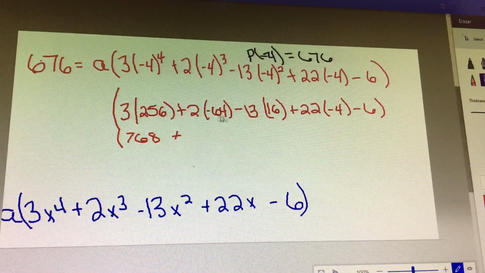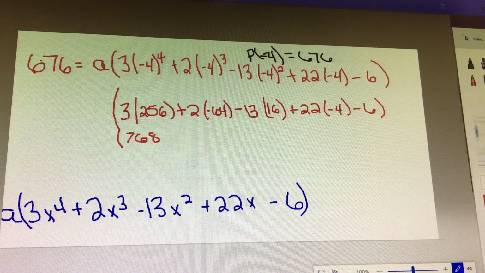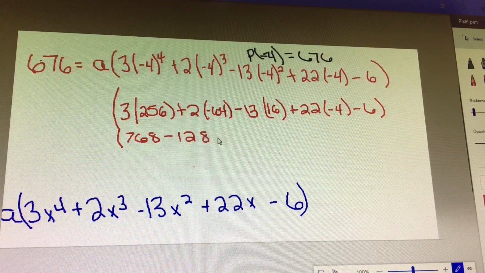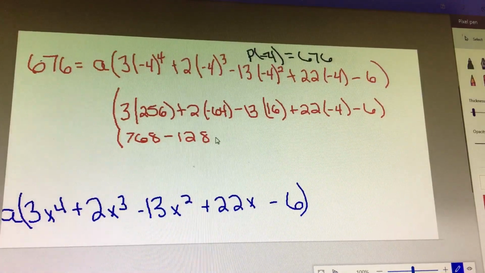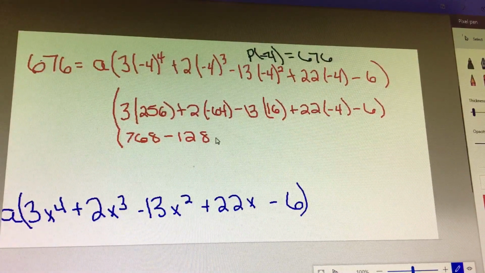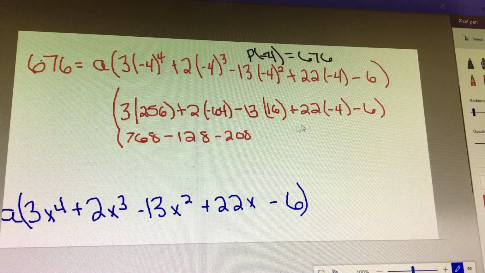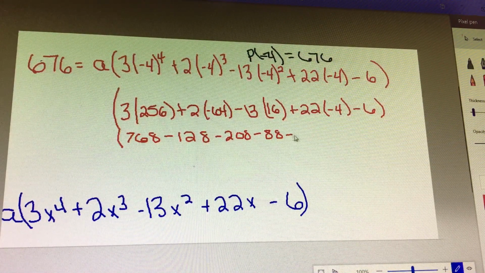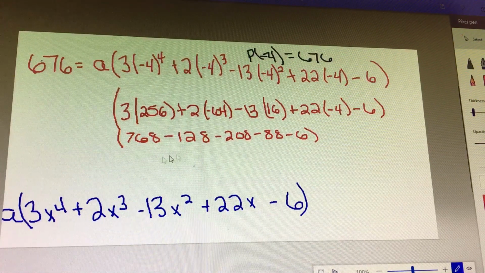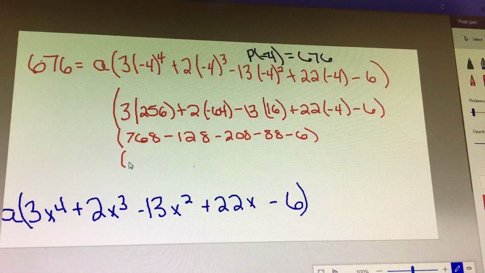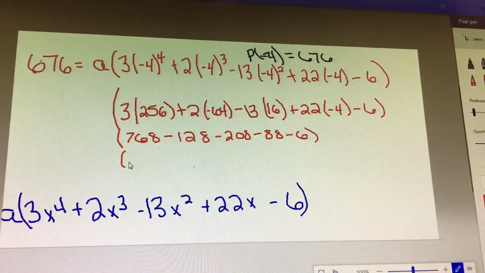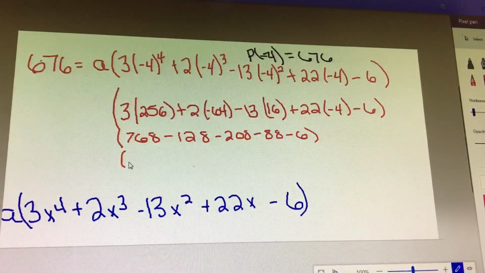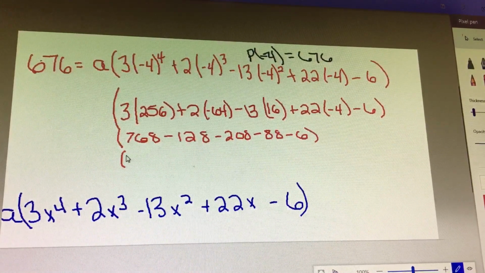Minus, because a positive times a negative, 2 times 64, so minus 128. 13 times 16, and it's a negative, so minus 208. 22 times negative 4, negative 88, and then minus 6. Do all of that: 768 minus 128 minus 208 minus 88 minus 6. That gives me 338.